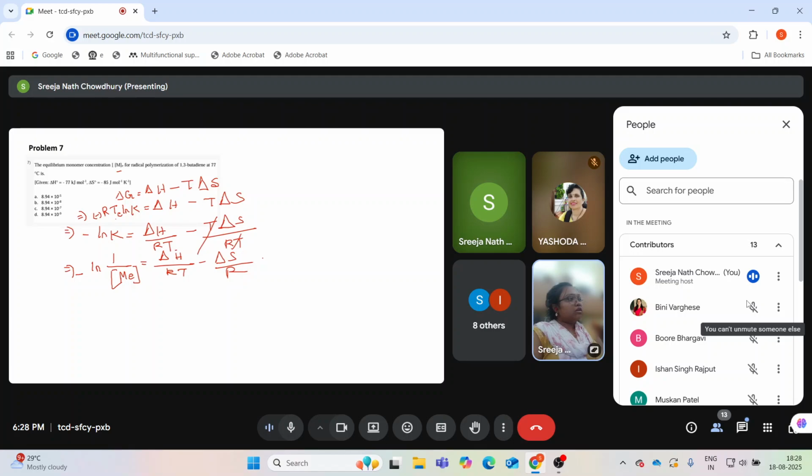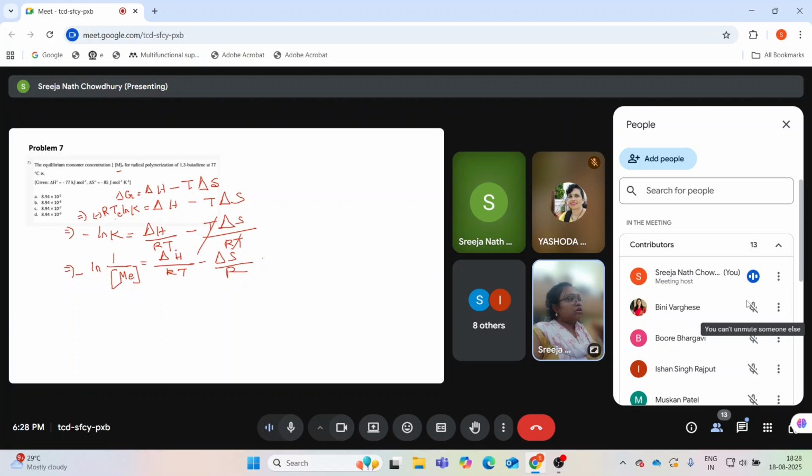In thermodynamics, you should consider the sign. In thermodynamics there is a very big problem with the sign, and if you change the sign, your entire answer will be different. Here the trick is what value of R should be put here, because R has many values in many different units. So here they have given it to you in joules.